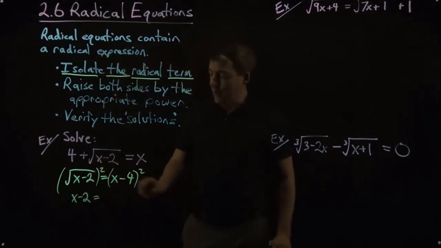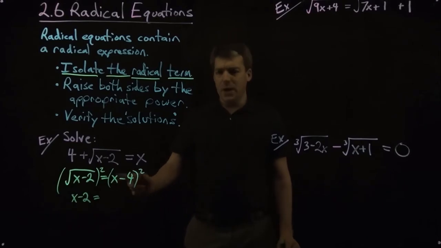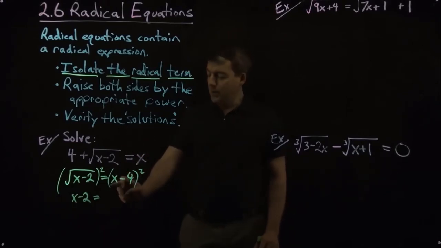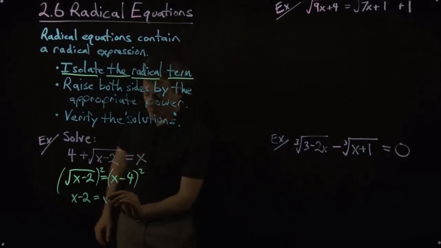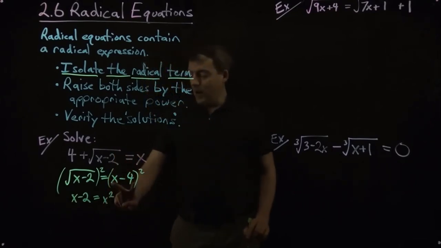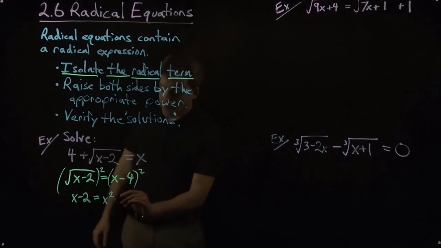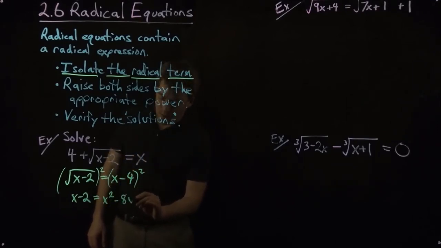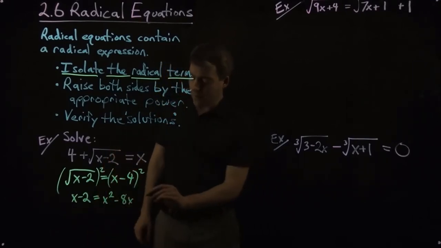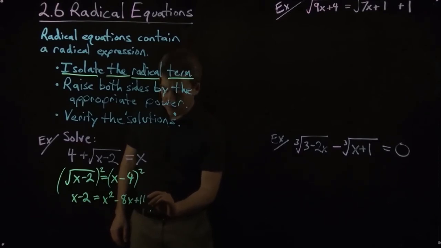Since it is a binomial square, we could just use the binomial theorem. So x squared, then 2 times negative 4 times x, so negative 8x, and then negative 4 times negative 4, plus 16.